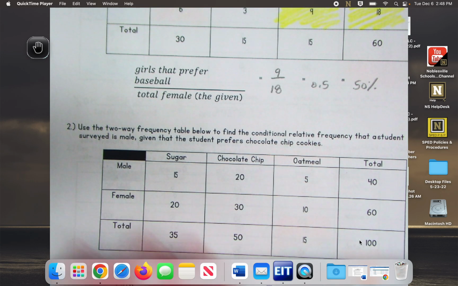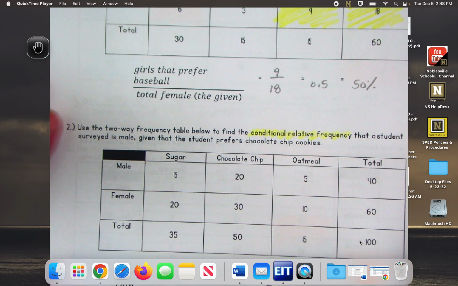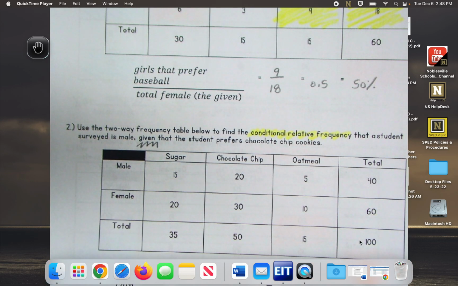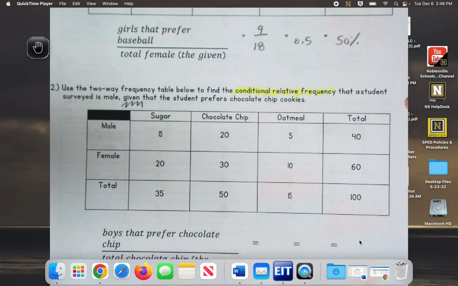We're going to find the conditional relative frequency that a student surveyed is male, given that the student prefers chocolate chip cookies. Okay, so how many of the boys surveyed preferred chocolate chip cookies? 20.